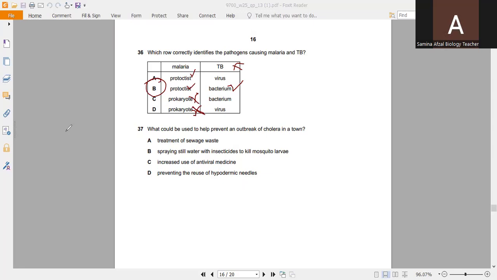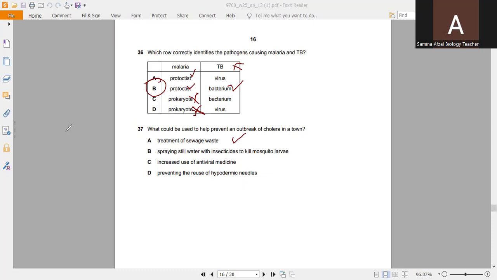The treatment of sewage waste directly disrupts this transmission cycle by ensuring that water supplies do not become contaminated with the pathogen. So the first option can be the correct option.